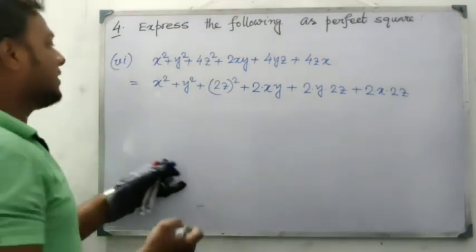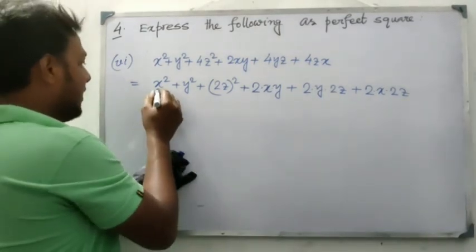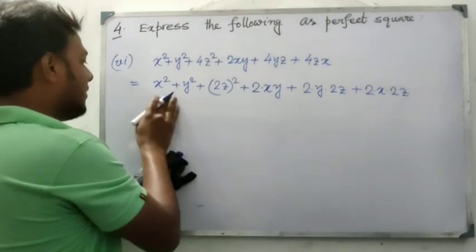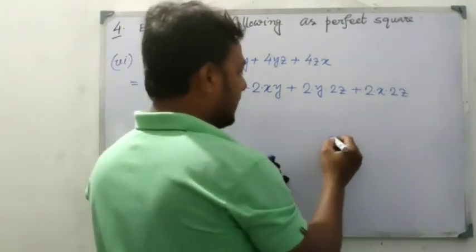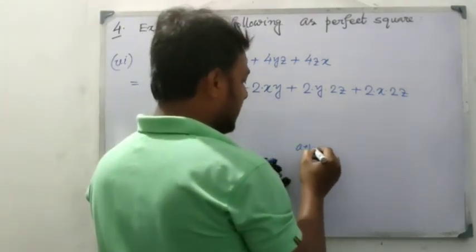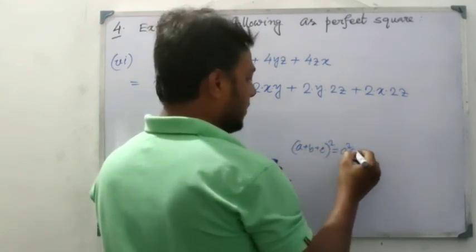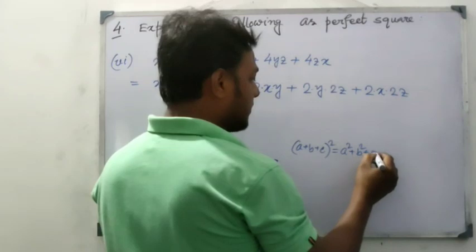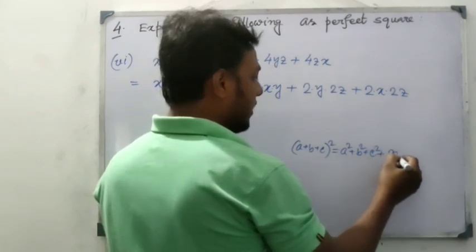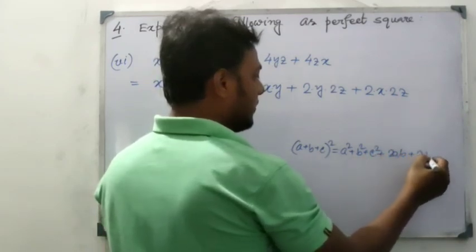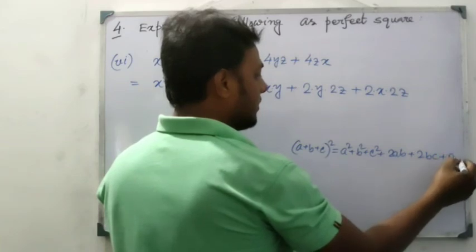Let's recall the identity: a plus b plus c whole square equals a square plus b square plus c square plus 2ab plus 2bc plus 2ac.